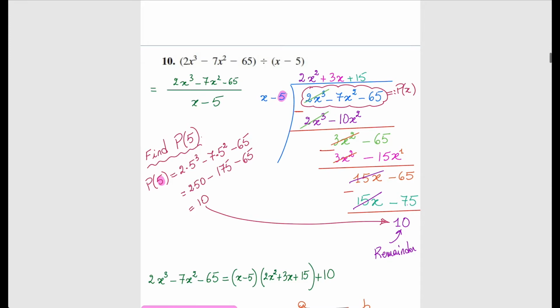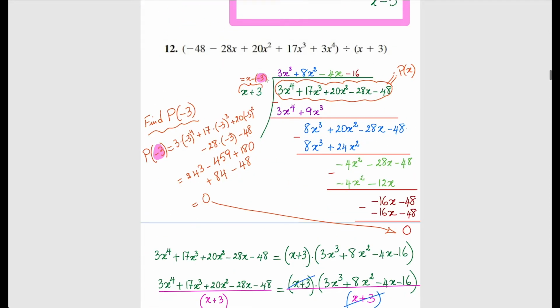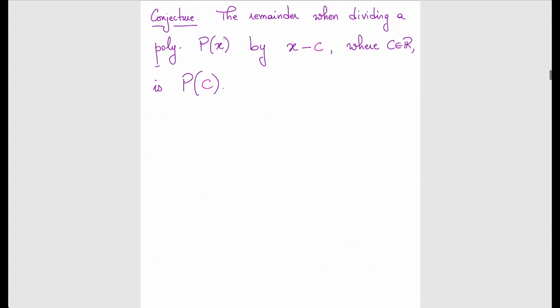In this case, c happened to be 5, and in the other case -3. So it would be calculation efficient in some sense, instead of going through the entire process of long division, we can only evaluate the dividend at that number c. All right, so let's see if this conjecture is correct.